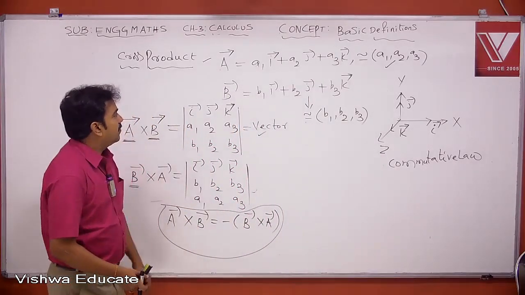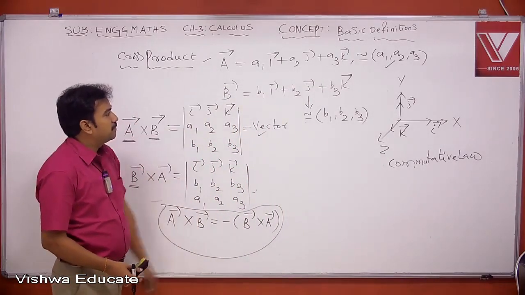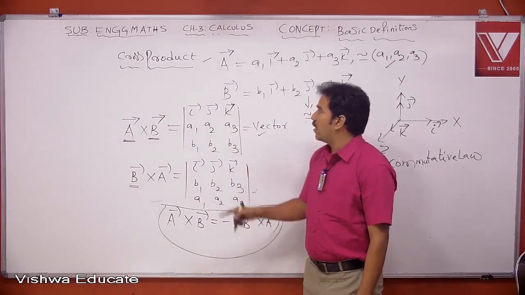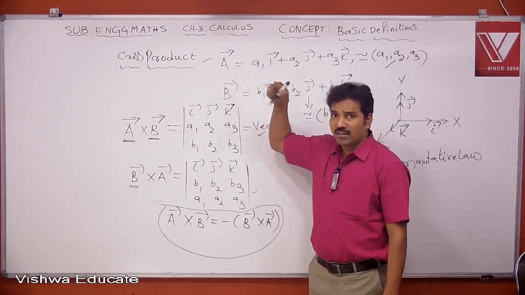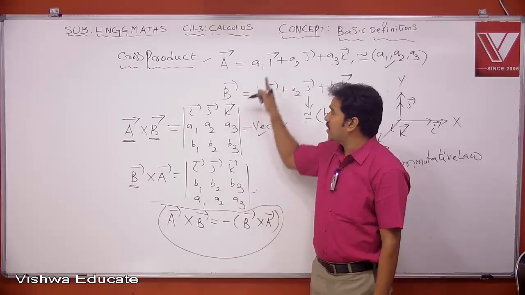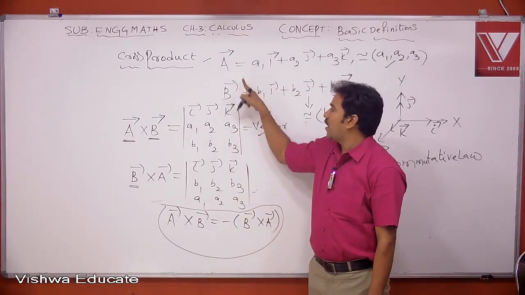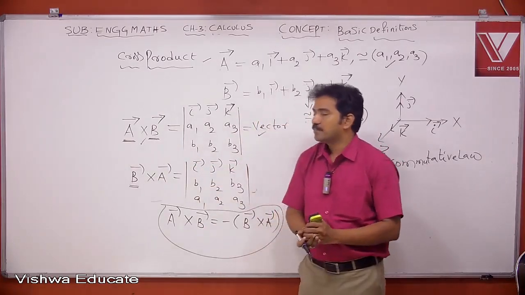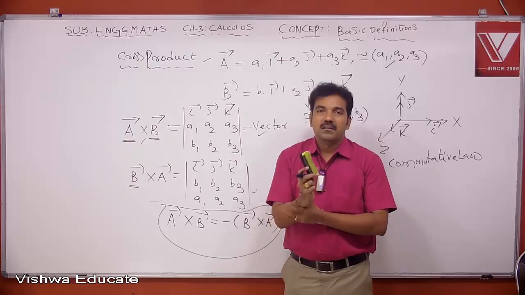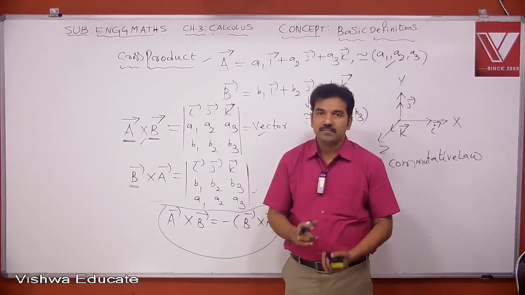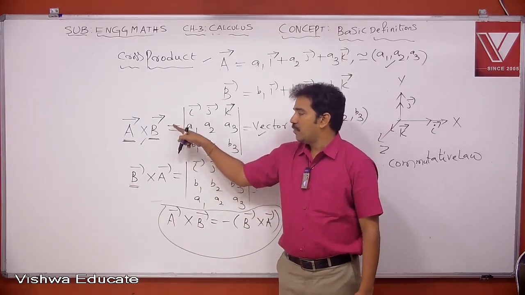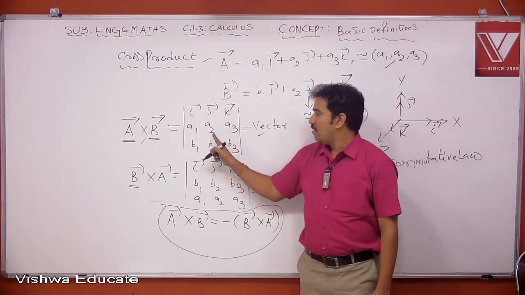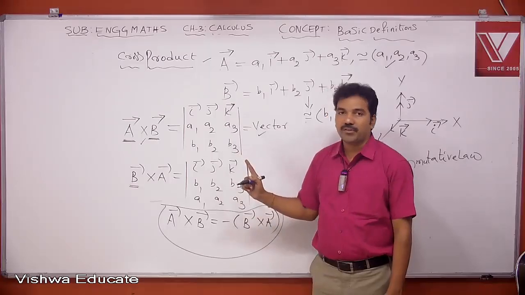The cross product of A bar comma B bar. Already we wrote A bar and B bar in the definition of dot product, so I am using the same vectors. The cross product of A bar and B bar is denoted and defined as A bar cross B bar equal to the determinant of i bar, j bar, k bar, A1, A2, A3, B1, B2, B3.